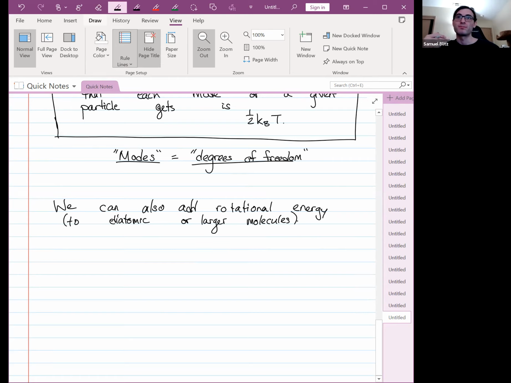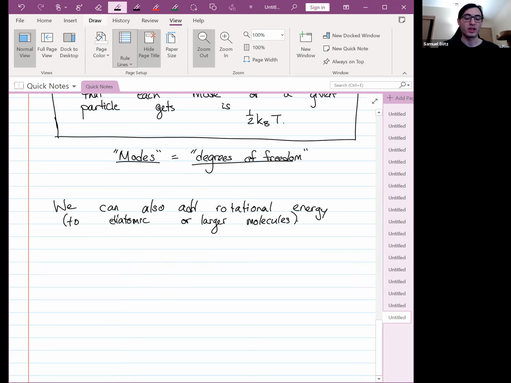Because atoms are not actually things that spin, like they're not hard balls that can rotate, there is no energy associated with them rotating in that sense. You can't put a marker down on an atom and ask, what direction is it moving in? So that's why that happens here, and that is a quantum phenomenon.